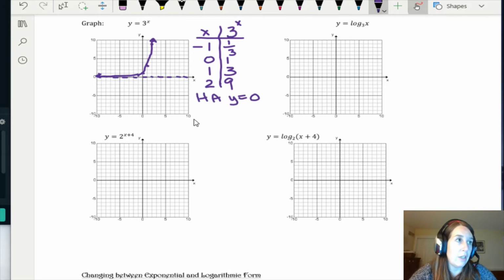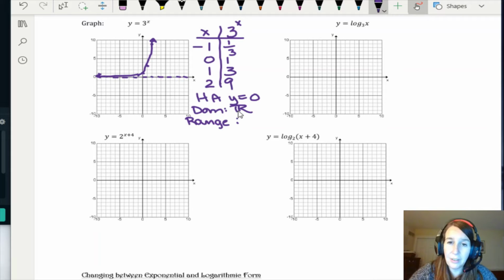Lovely. So now let's talk about the domain and the range of the exponential function. Good practice, good review, right? So the domain, look at that. It goes on forever in the negative infinity direction, and then it goes on forever in the positive infinity direction. So the domain is all real numbers.